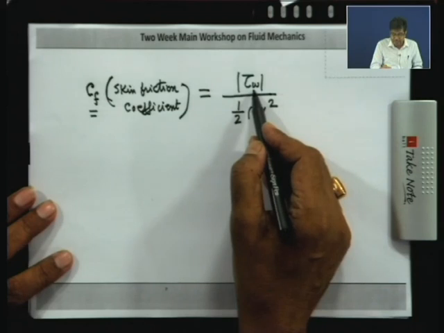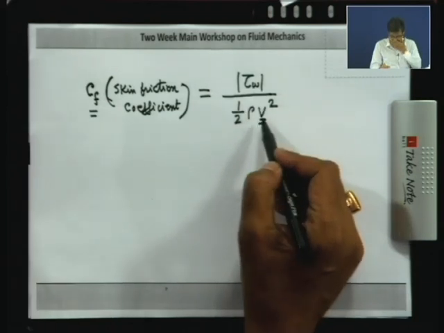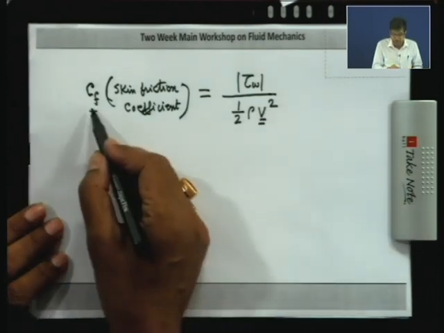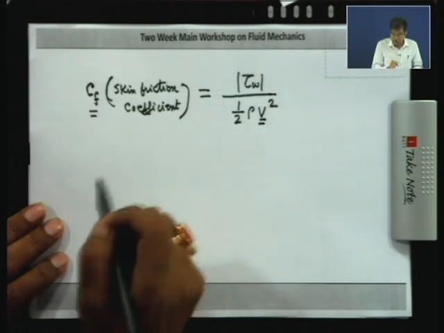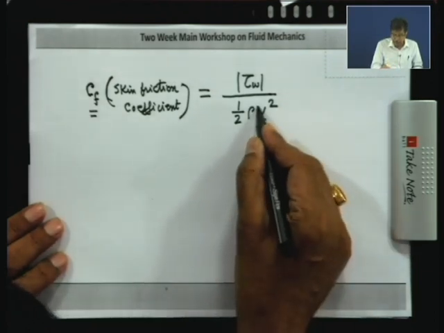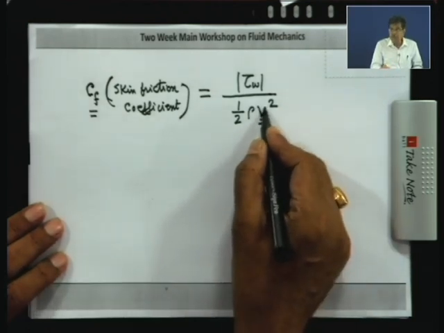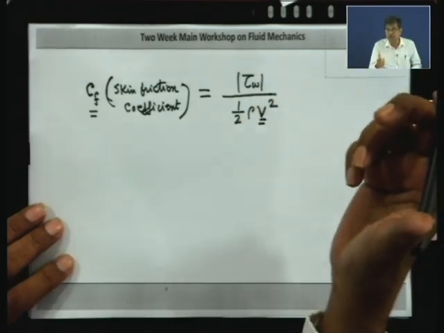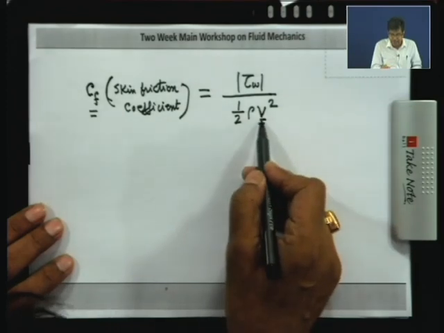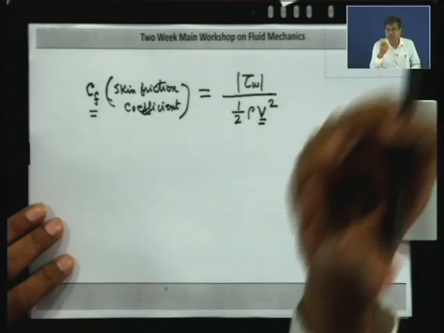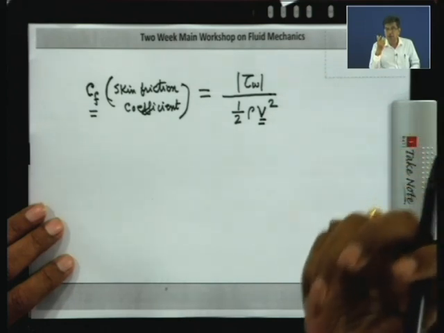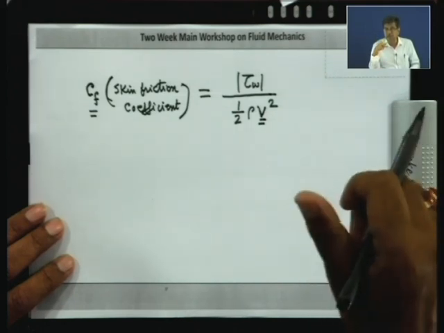Now, wall shear stress is the shear stress at the wall which is defined at a point, and v is the reference velocity. Conventionally for an internal flow, this reference velocity is the mean flow velocity or average velocity based on the volumetric flow rate, whose definition is volume flow rate divided by the cross sectional area.